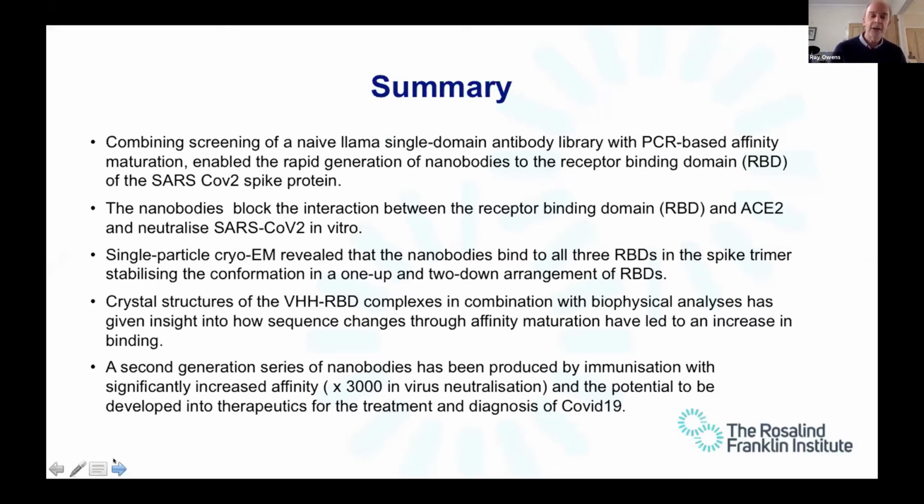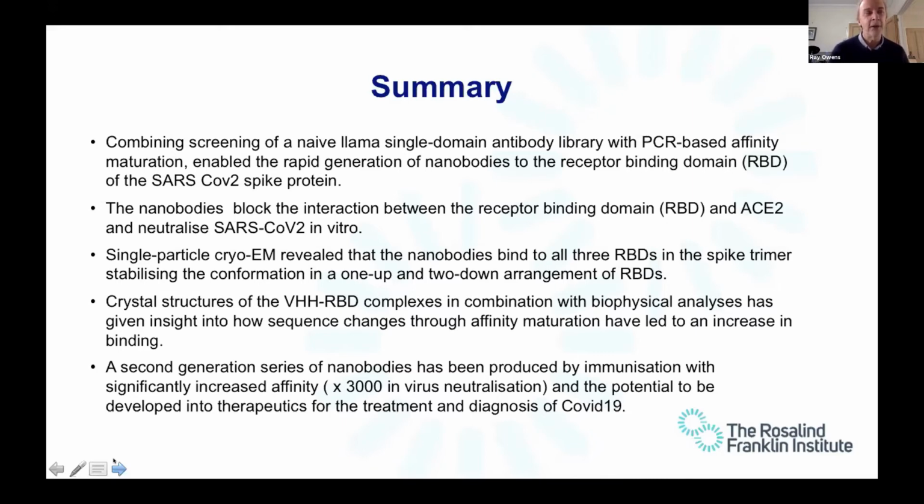But I think more strikingly and more importantly is the second generation of reagents that we're now developing through immunization, which are very potent neutralizers of the virus and have great potential, and already that potential is being realized as candidates that could go forward into therapeutic and diagnostic evaluation. And I should say, I think there's room for whole antibodies, antibody fragments and different reagents.